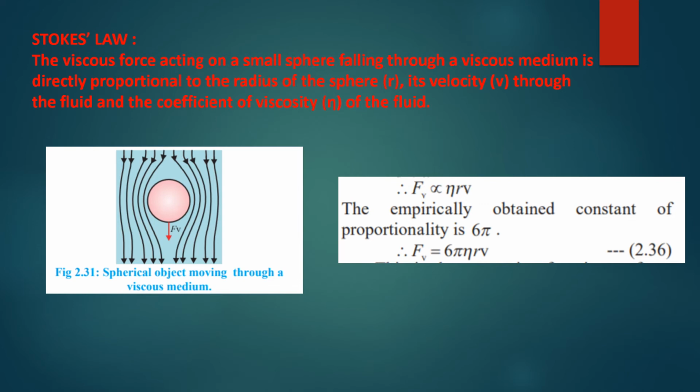The constant of proportionality is found to be 6 pi, and hence the expression for viscous force becomes Fv = 6 pi eta Rv. It indicates that the viscous force will be larger if the coefficient of viscosity of the medium is large, if the object is of bigger size, and it is moving with a larger velocity.